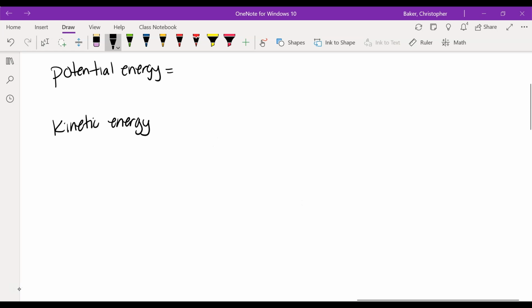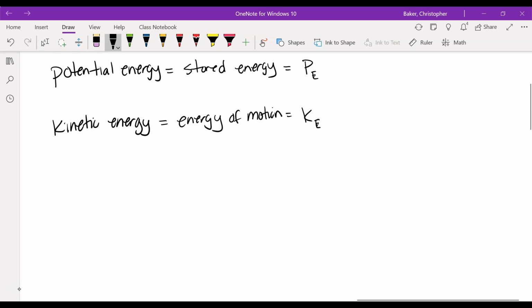Potential energy is stored energy, whereas kinetic energy is energy of motion. The abbreviations we use for potential energy are P sub E, and for kinetic energy, it's K sub E.